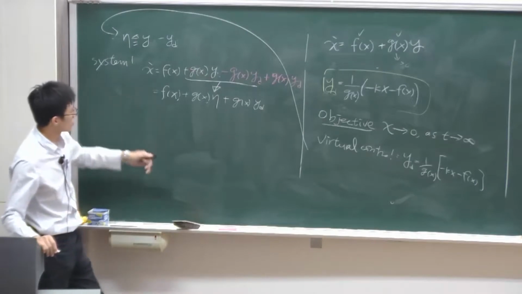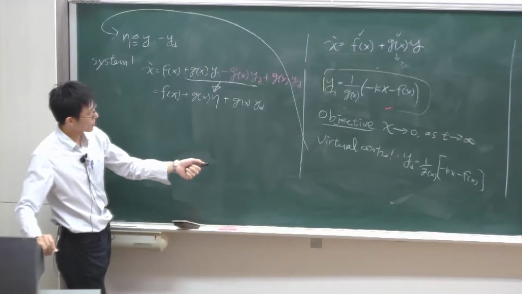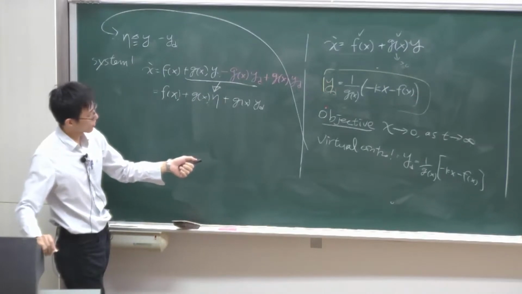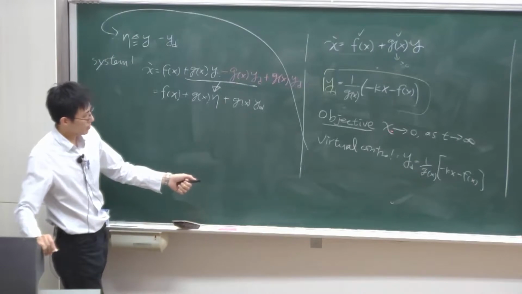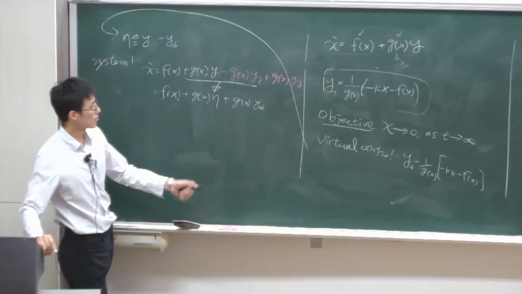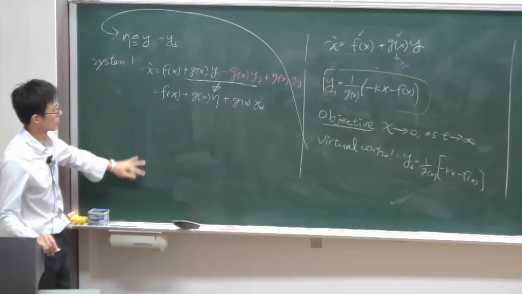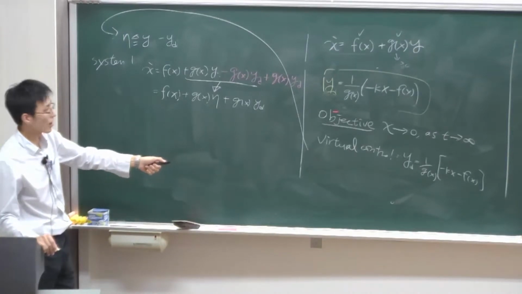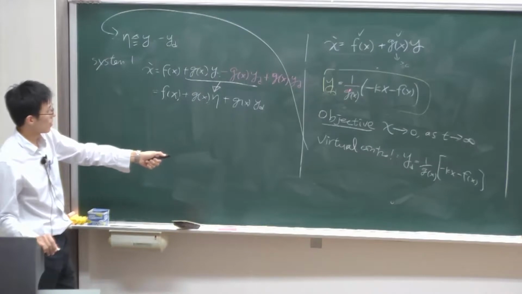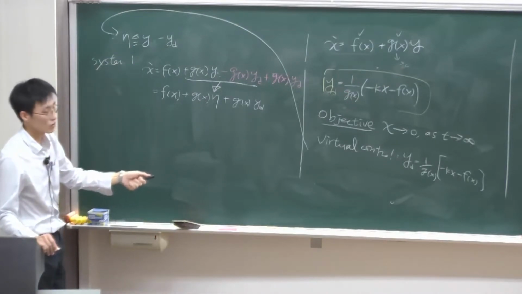All the steps here I do are trying to convince you that designing the virtual control yd as this can ensure x will converge to 0. Here we can consider it as a stability analysis, and we want to find the virtual control. I already told you the answer, but basically the step here is trying to find the virtual control.